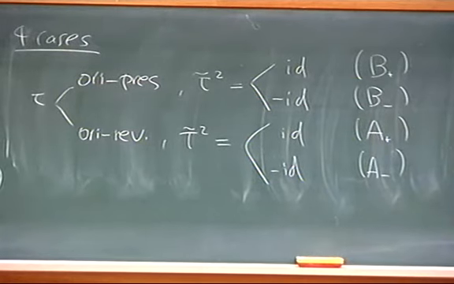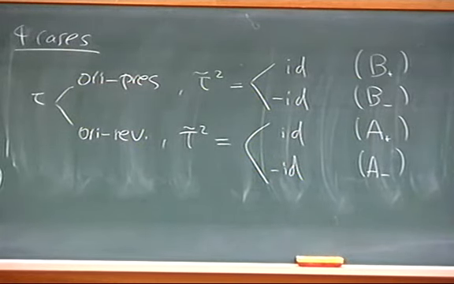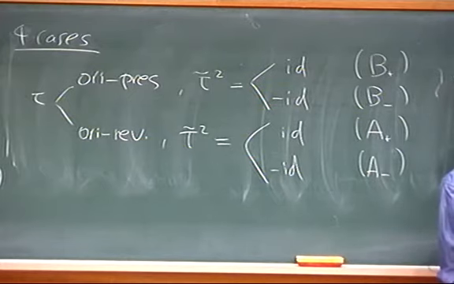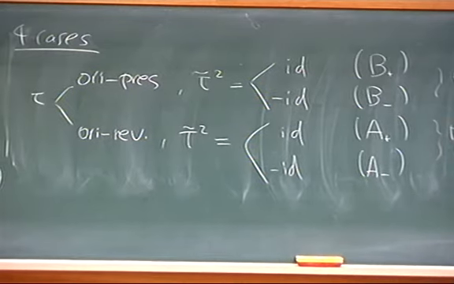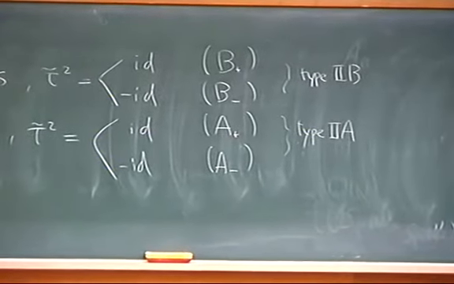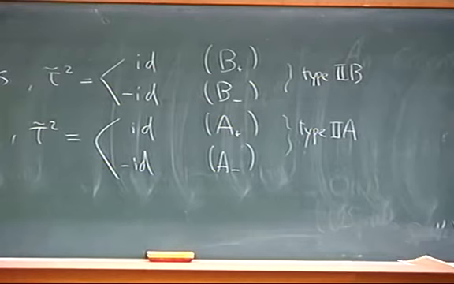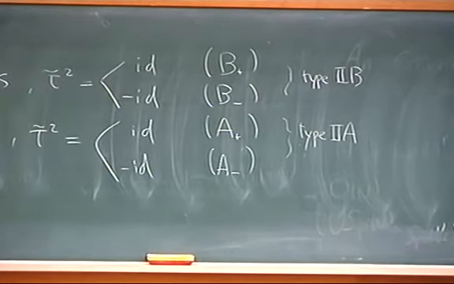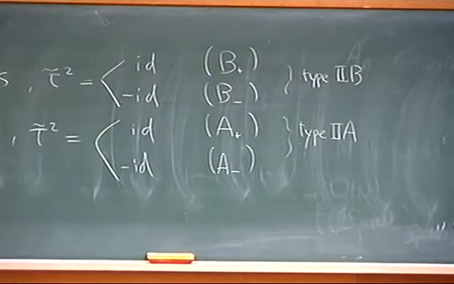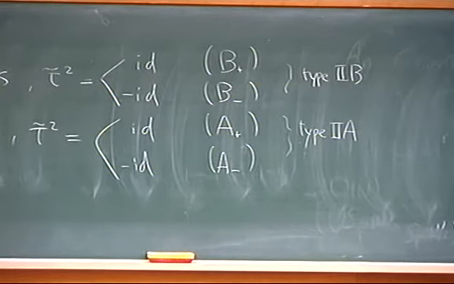And if you're familiar with string theory, this B corresponds to type 2B string theory, and A corresponds to type 2A. So if you consider a Calabi-Yau threefold times four-dimensional Minkowski space, then this 2B and 2A are related to B models and A models in topological strings. And possible O-planes.